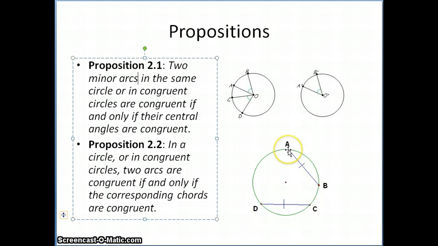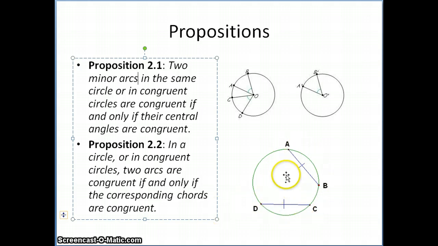From proposition 2.1, if we want to know if these two arcs are congruent, we can join the center and A and B, center and C and D. Then we get two angles, and we can compare the angles, see if they're congruent. But with proposition 2.2, instead of checking angles, we can also check the corresponding chords. If these two chords are congruent, the corresponding arcs are also congruent.